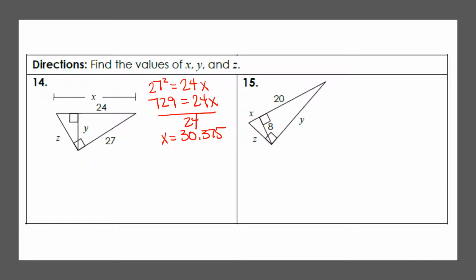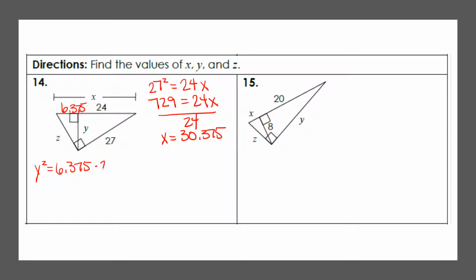So now that I know what that whole length is, to find y, I can use the altitude theorem. 30.375, subtract 24 leaves me 6.375 for that part. So to find y, the altitude squared, y squared, equals the product of the two parts.